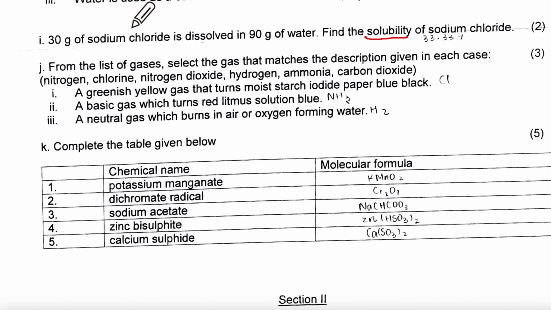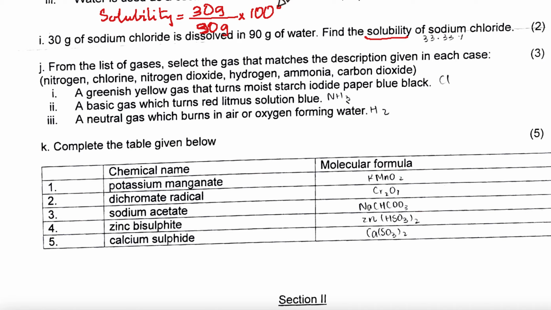Solubility, what is the formula for solubility? Weight of solute upon weight of solvent per 100. Very good. What is solvent? Sodium chloride. You'll first write the formula. And solvent is what? Water.